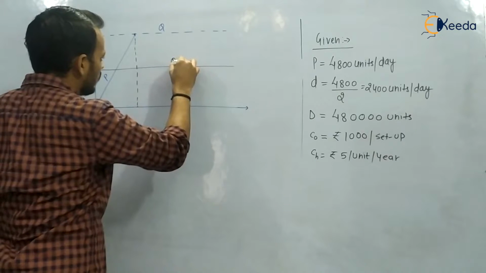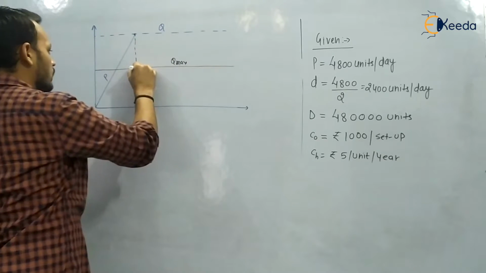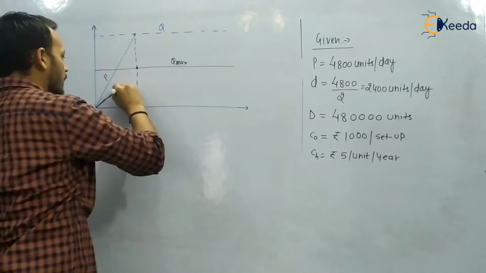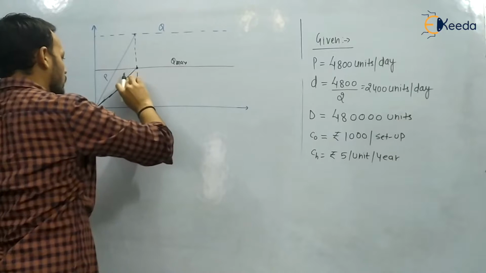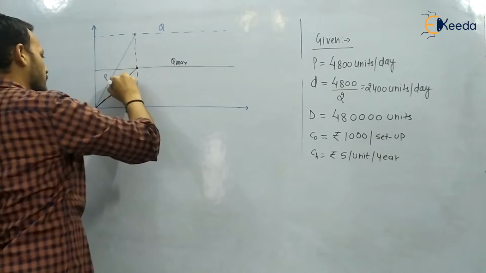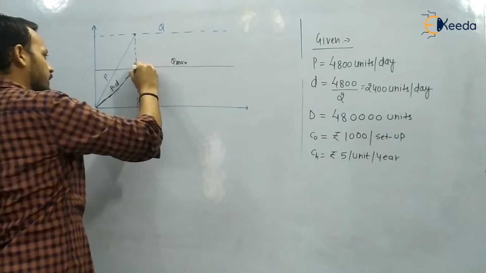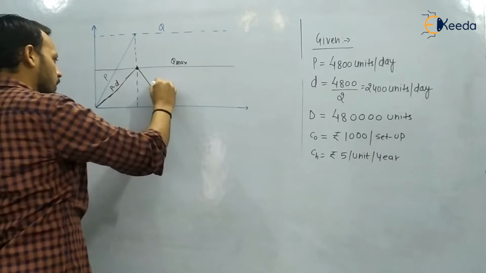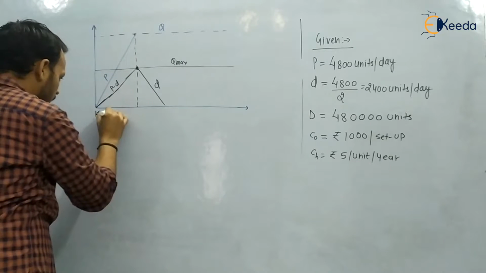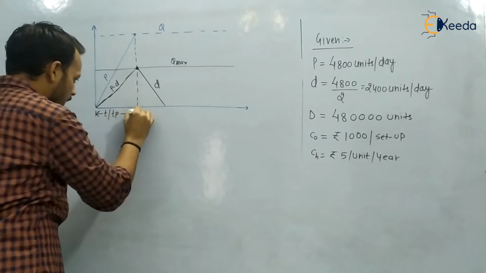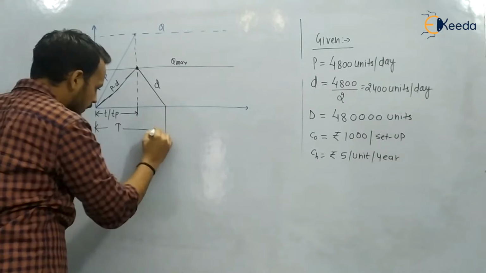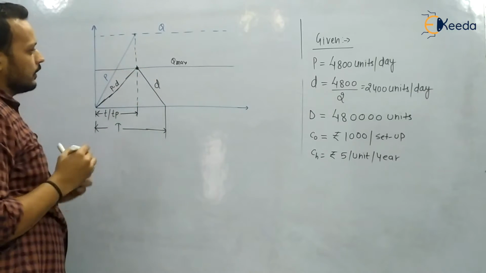So this is our Q max. While production and consumption take place simultaneously, the inventory rises at P minus d and reaches Q max, and after this only consumption takes place. This is our t or tp, both notations are used sometimes, and this is capital T.